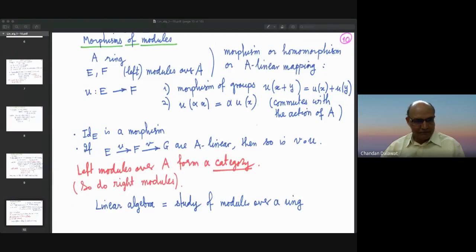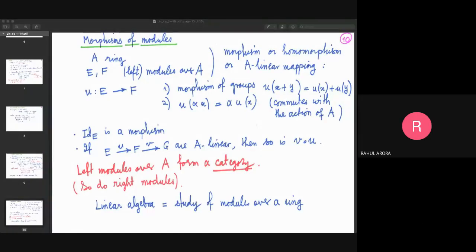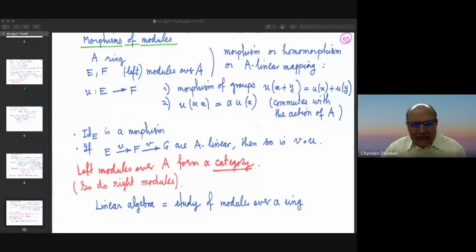Yeah? Can everybody hear me? On page number 3, when we define the module over a ring. I can't hear, somebody is saying something but I can't hear him. Am I audible?